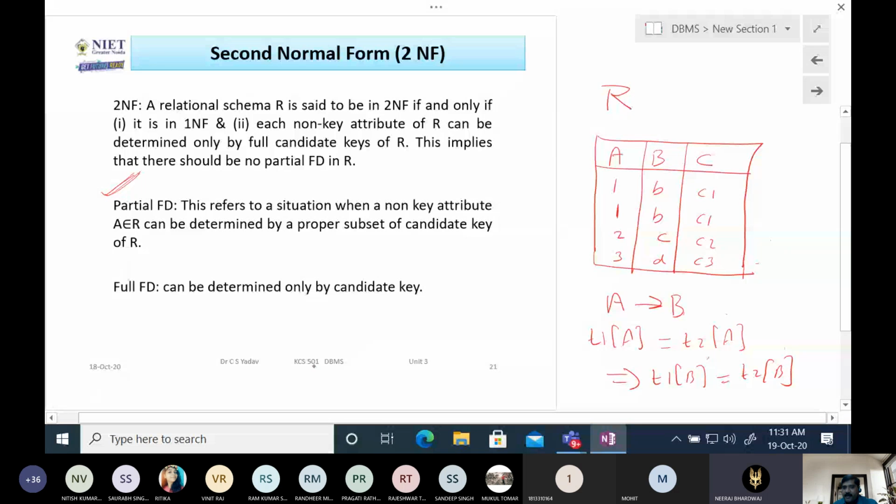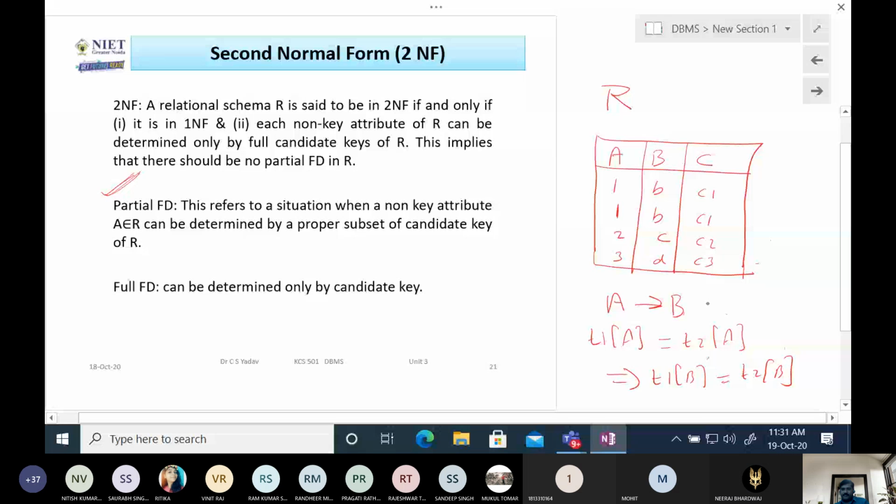Now tell me whether A determines B or A doesn't determine B, seeing all the tuples in R. Sir, A determines B and also C. Is A determines B true or not?